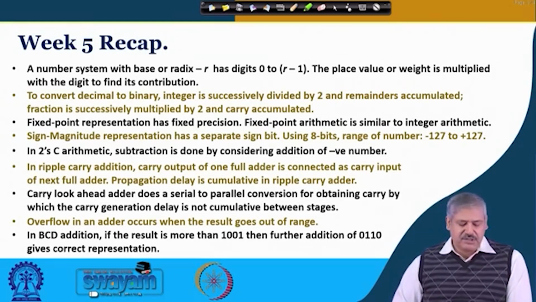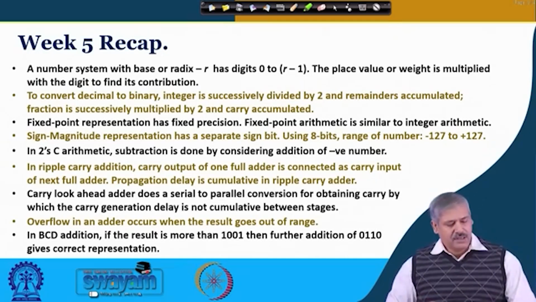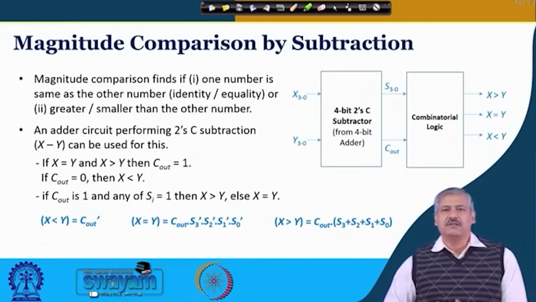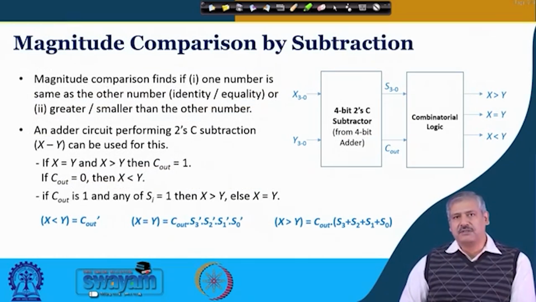And then we discussed overflow detection, how to detect overflow if the number goes out of the range. And then we also discussed BCD addition and the logic behind it, how to arrive at those logics.